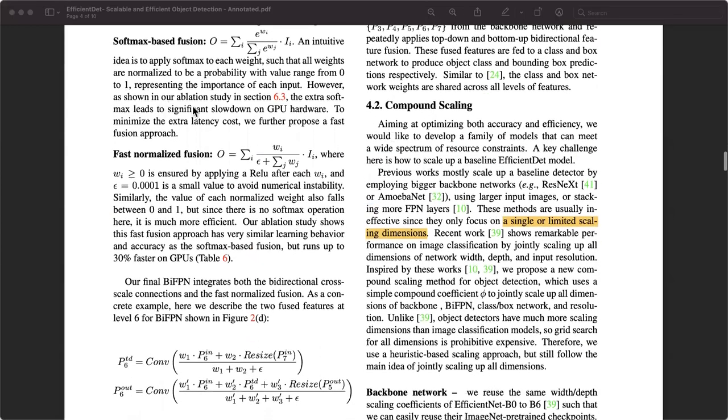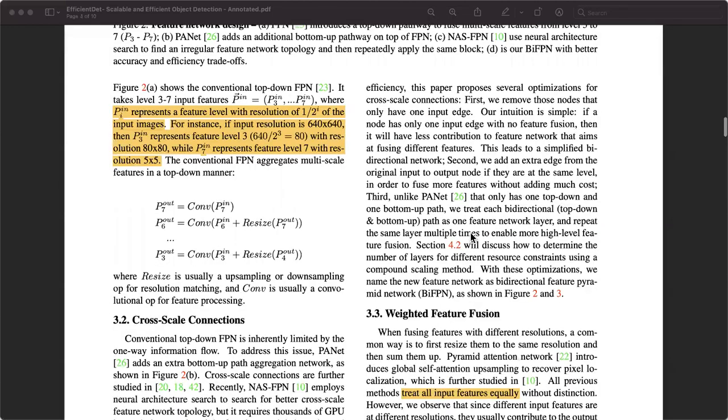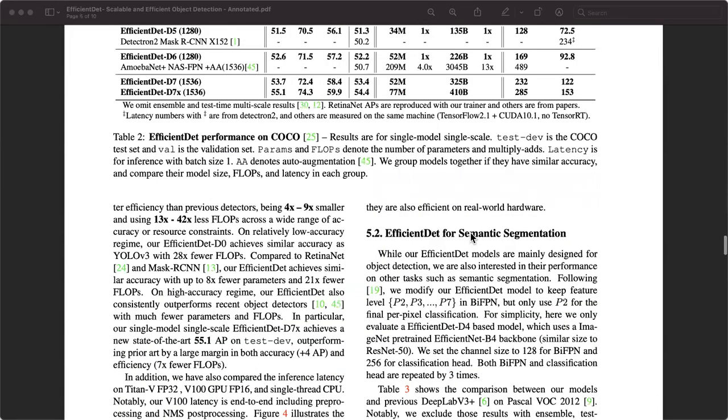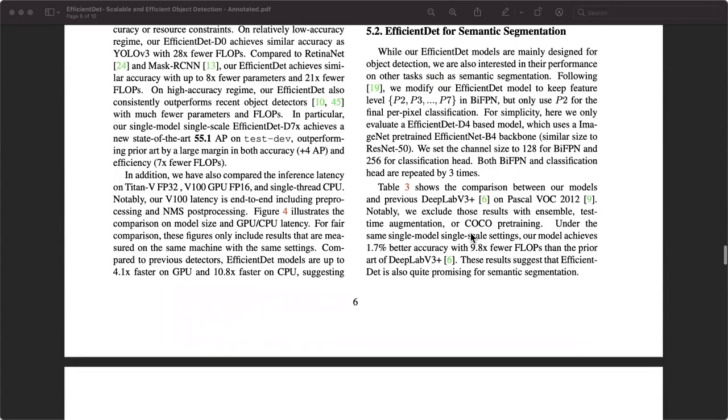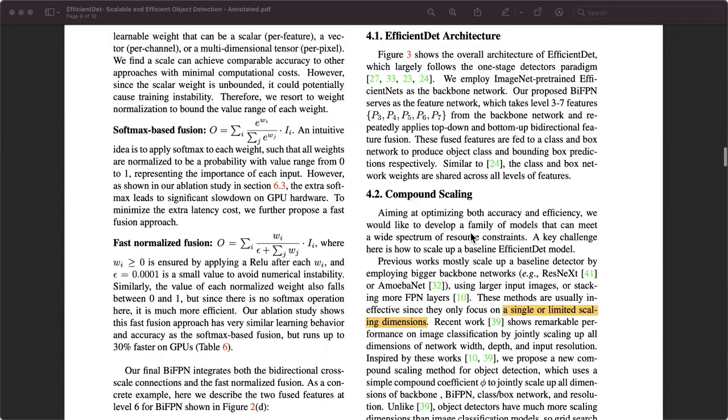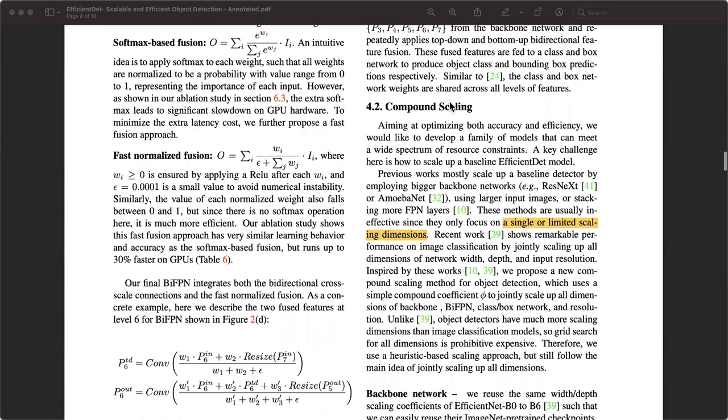Okay, so recap. The first contribution is the bi-directional feature pyramid network. The second contribution is the scaling method. So let's go to scaling. They propose compound scaling.